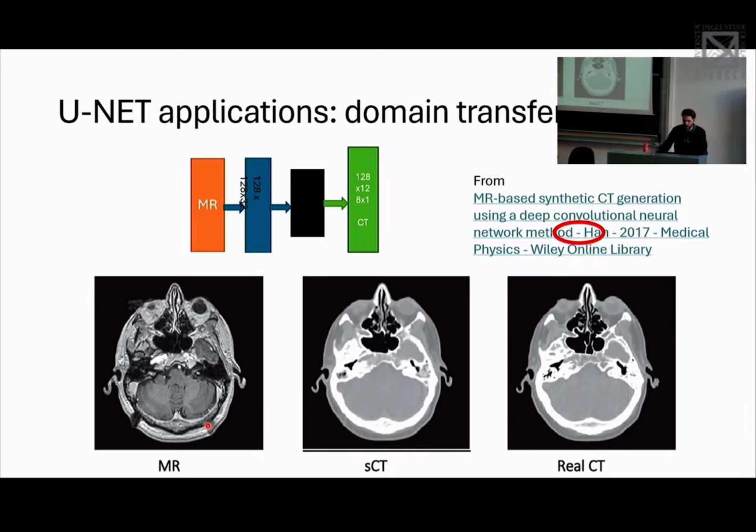So it says, okay, around here, I see this hole here, I see probably some bone marrow here, let's fill it with bone. But here, in what's called the temporal fossa, we have very complex structures made of bones and air, and so the average structure in humans is not that well defined, because there's a huge inter-subject variation.